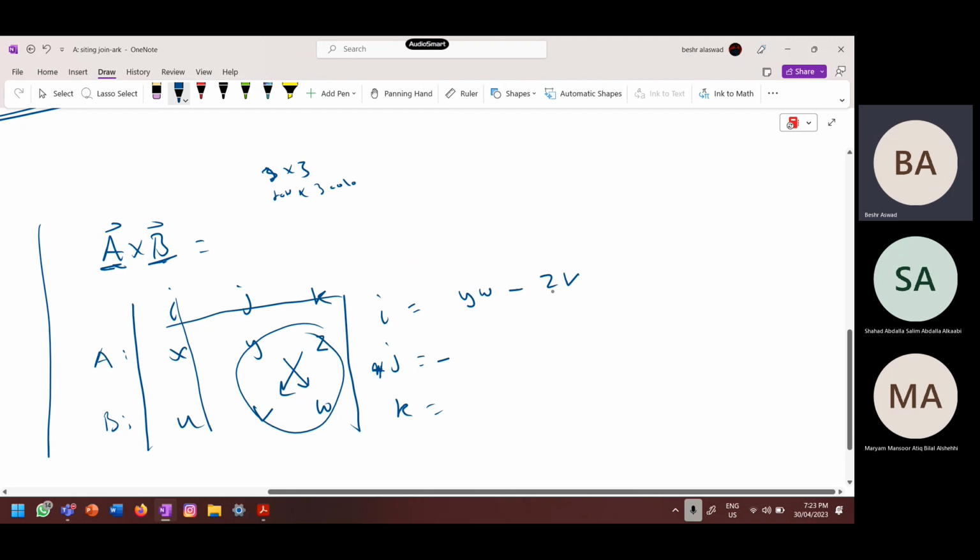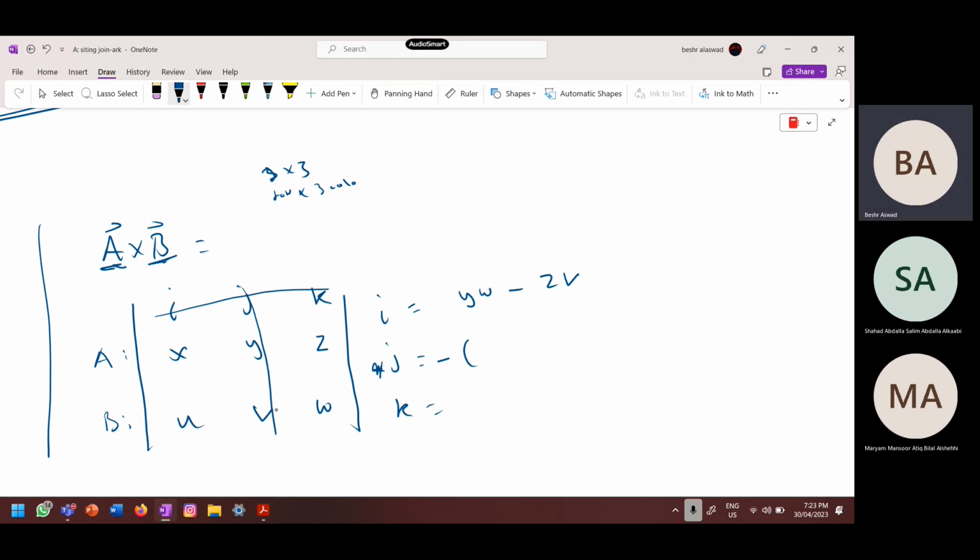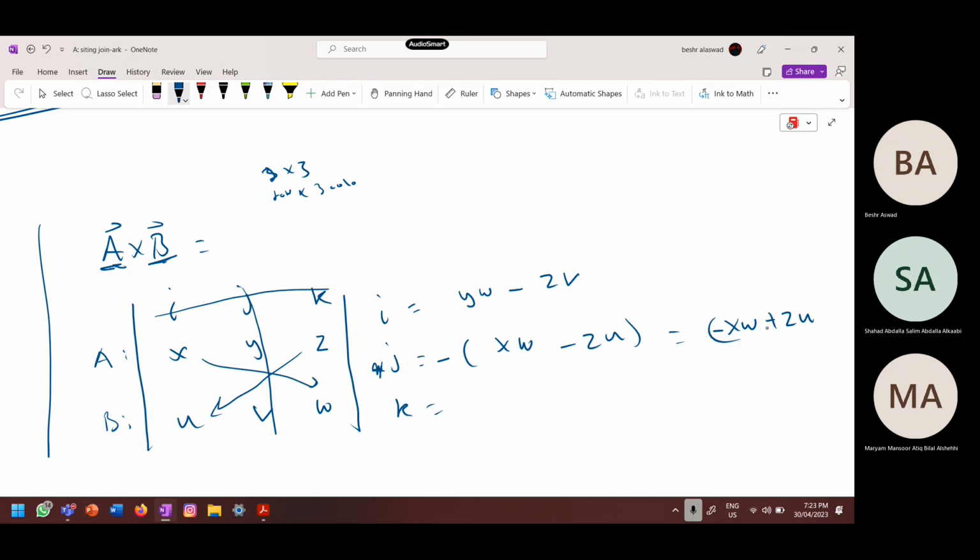This actually is called the determinant of a matrix. Now to get the j values, you need to cross the first row and the middle column, and you'll get xw minus zu. This will be equal to minus xw plus zu.